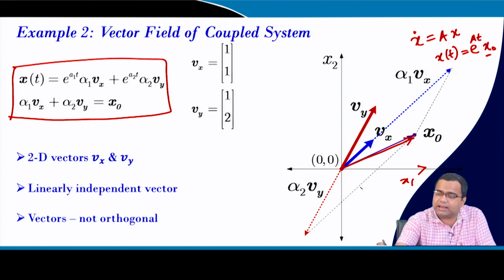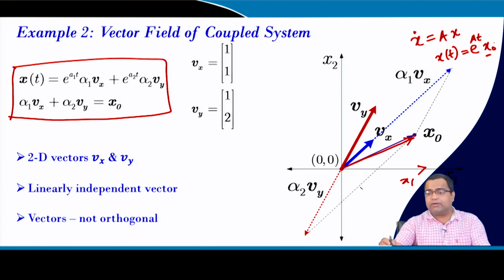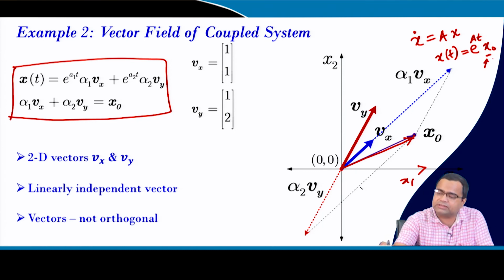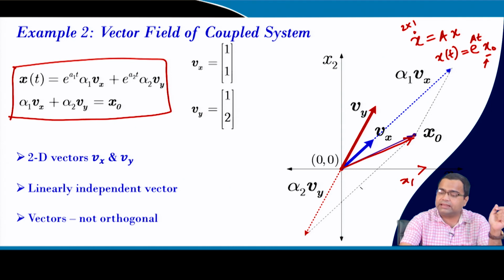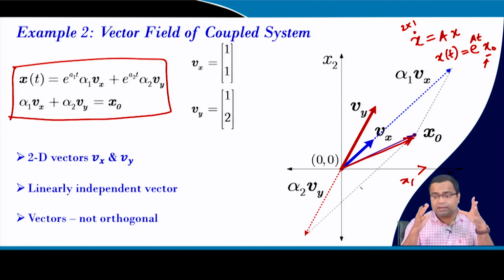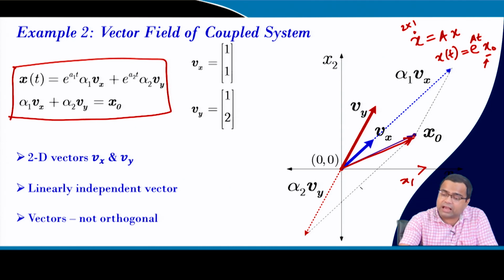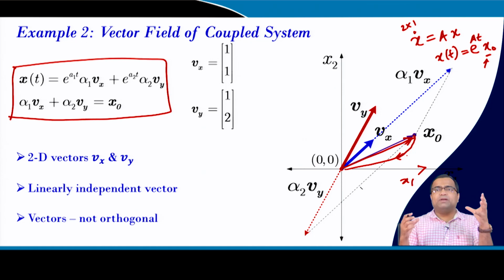So far, at t equal to 0, because this is a 2 cross 1 two dimensional vector, we are able to locate the initial vector in the two dimensional plane. But we want to see how this point moves in this two dimensional plane if the system is stable, what is the trajectory and how to draw the vector field.